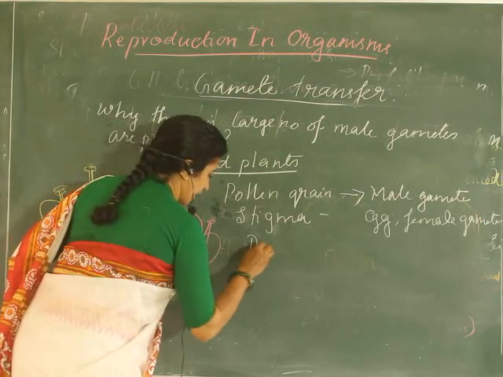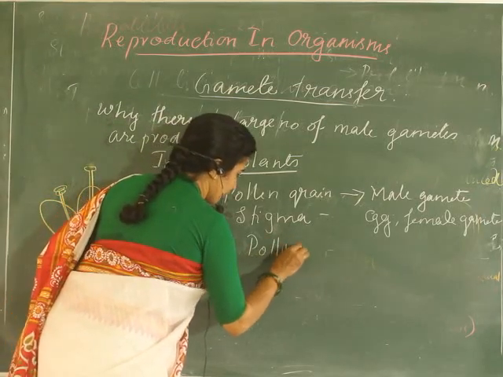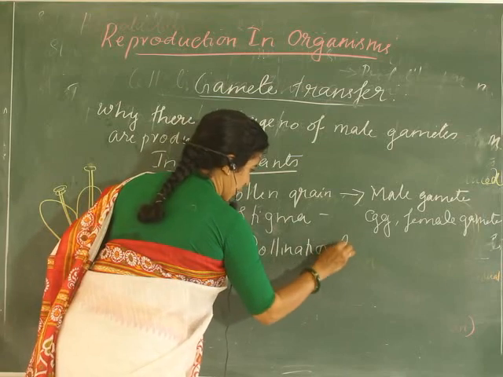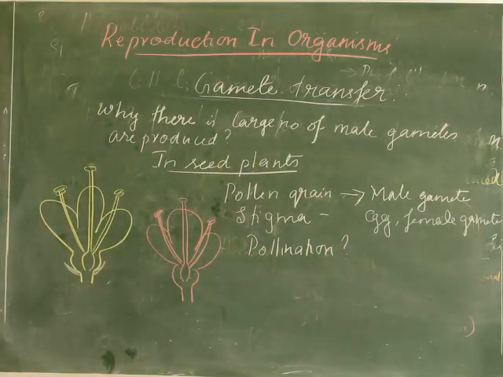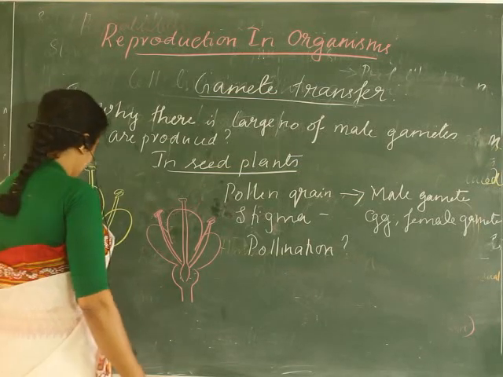So define pollination. What is pollination? It is a process of transfer of male gametes from the anther to the stigma. What is the importance of pollination here? It helps in carrying the male gametes to the female gametes.